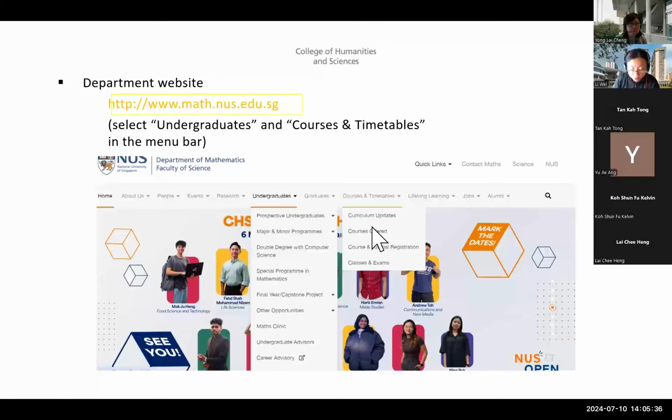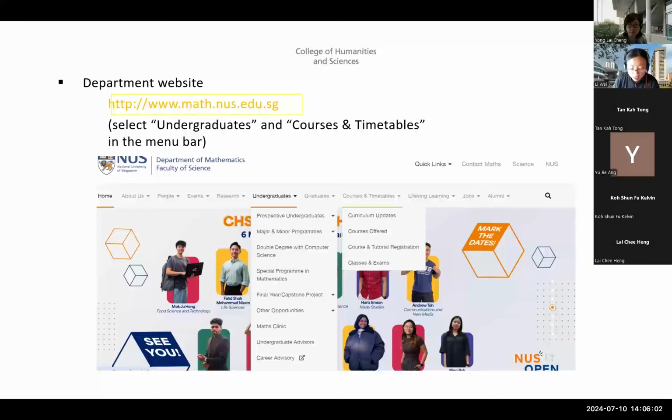For courses offered, the second tab here, it contains information on which courses are offered in the coming academic year. At the same time, you can see the names of the lecturers involved. Most of the courses, not all, I have to say, of level up to 2,000 are offered in both semesters.